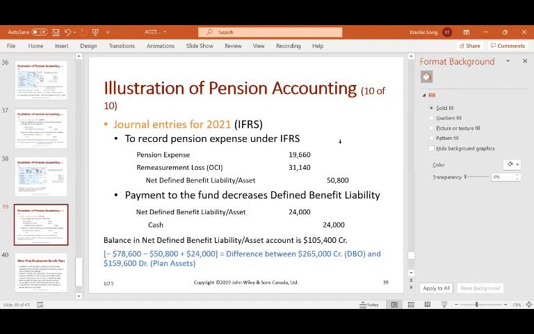So naturally, in an identical situation, which set of GAAP will give you more volatile net income? Same company, same transactions, if you report under ASPE, your income, at least before tax, will be more volatile, right? Under IFRS, it will be less volatile.